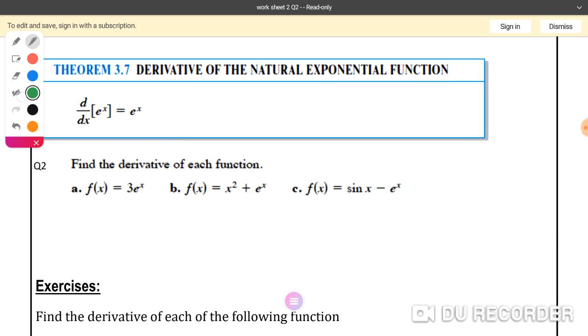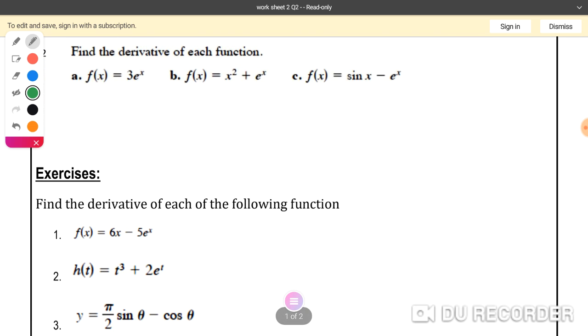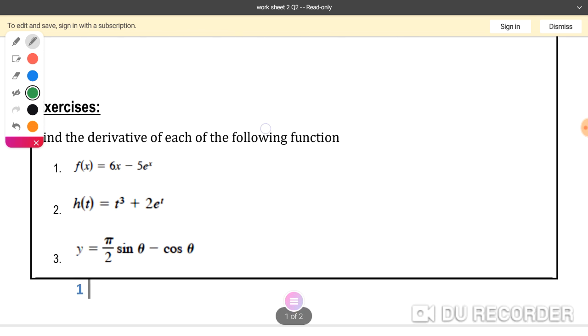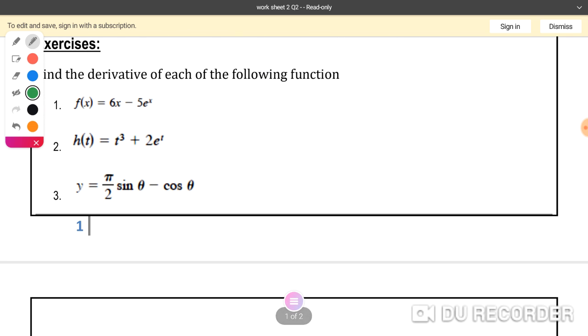I hope you understand. Please revise all of the basic rules of differentiation, all of the theorems, then find the derivative by using them. I don't need you to use the definition. Since I don't ask you to use the definition, it's up to you, but it's better and easier for you to use the rules of differentiation.